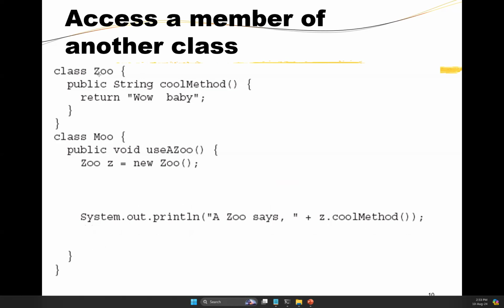Now what do you think? Can the class Move create an object of the class Zoo inside the use a zoo method?